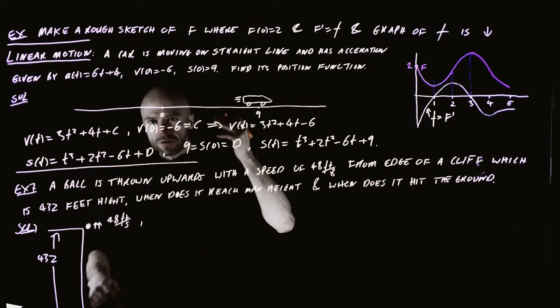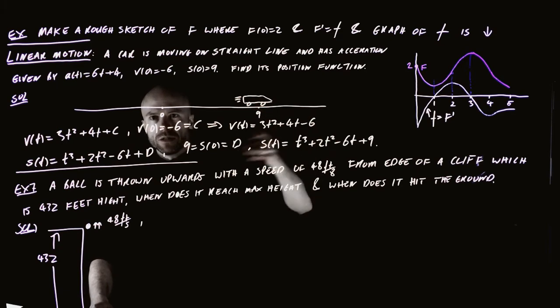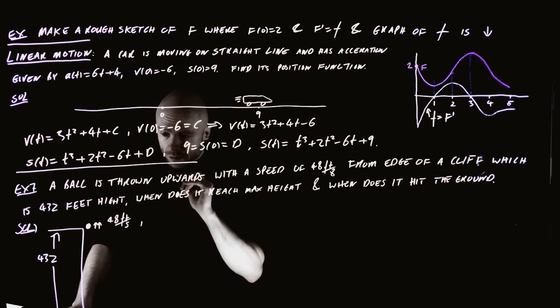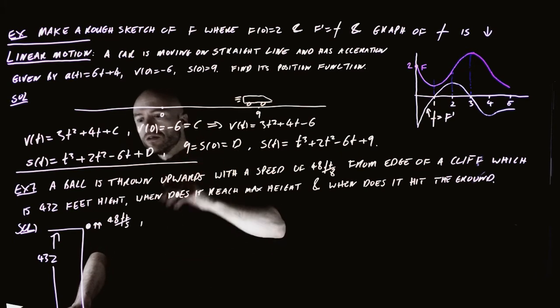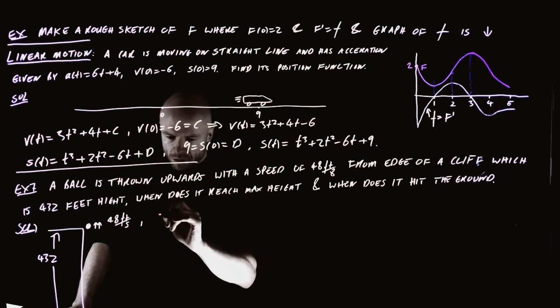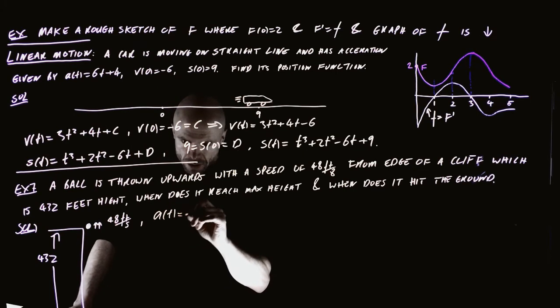This is from the lecture on tangents when we talked about Galileo dropping his stone. So we know the acceleration will be minus 32, because upwards is this direction and gravity is pulling us downwards. So acceleration is minus 32.